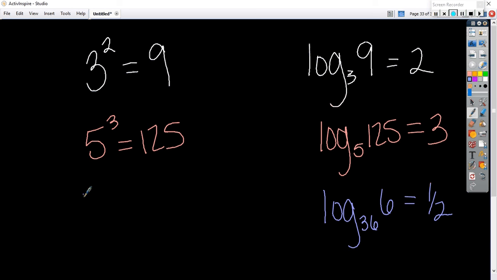It's 36. Come on. 1/2. And Cameron, I think this is what you were getting at. An exponent of 1/2 is the same thing as what? A square root. Okay. So is that true? Is the square root of 36 6? Yes.